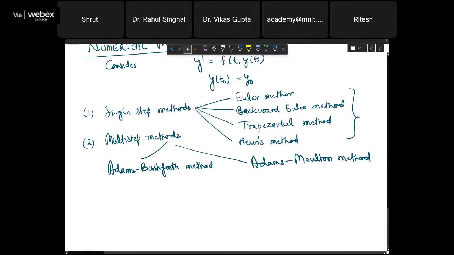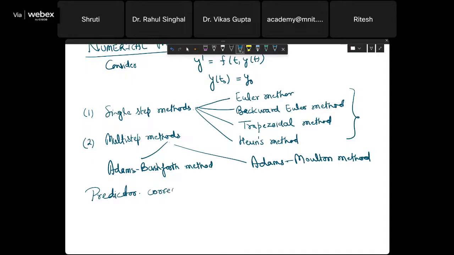After these methods, I will discuss predictor-corrector methods also. Predictor-corrector methods will be nothing but a combination of explicit and implicit method. What explicit and implicit methods are, I will explain during the discussion of different numerical methods.